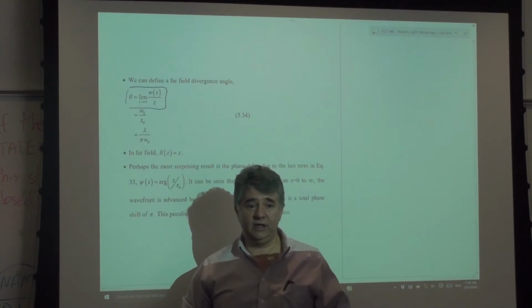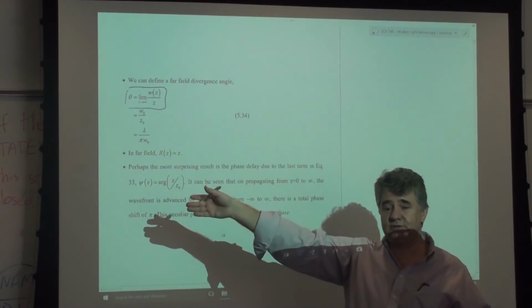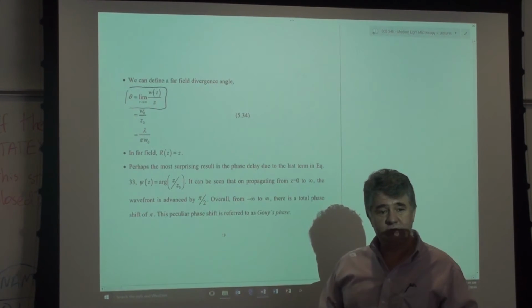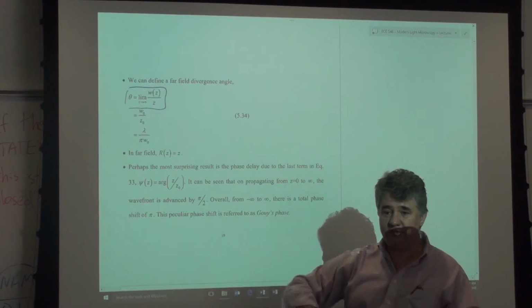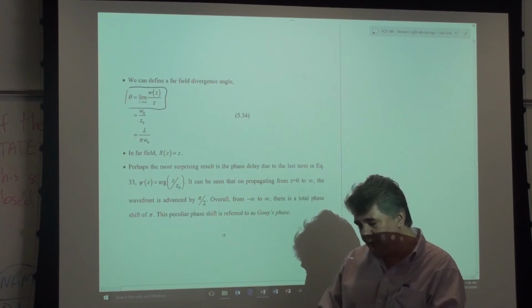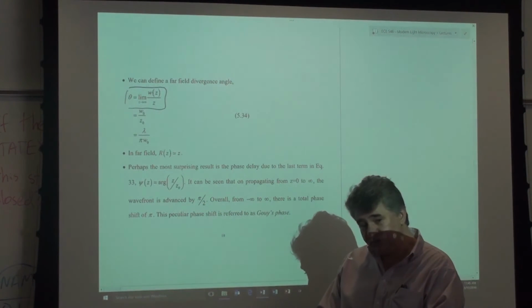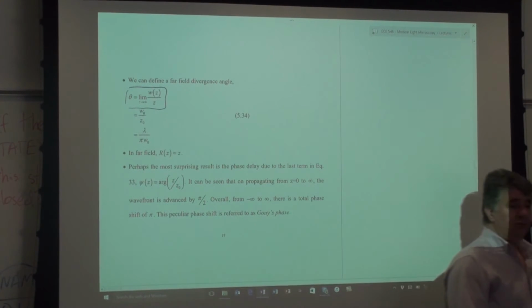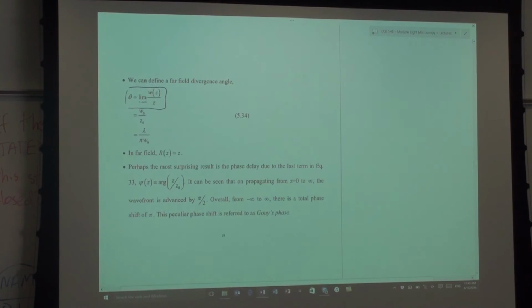It's only well defined for large distances. That's kind of important because it's a limit. So when you draw that tangent, you have to be far away. If you take a laser pointer or any laser and you try to define a divergence angle right at the input here, that's not great. Let's put it that way.